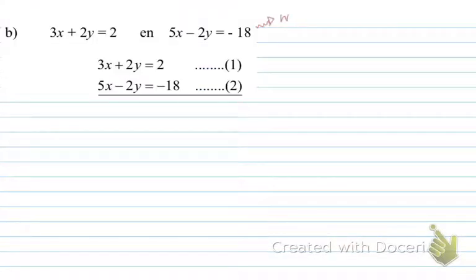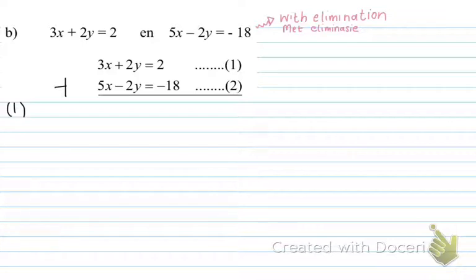Okay, so let's do this question with elimination. Okay, I write them underneath one another and I call them number 1 and number 2. So in this case, in the previous question, I had to subtract the two equations, but that's not always how we do it.